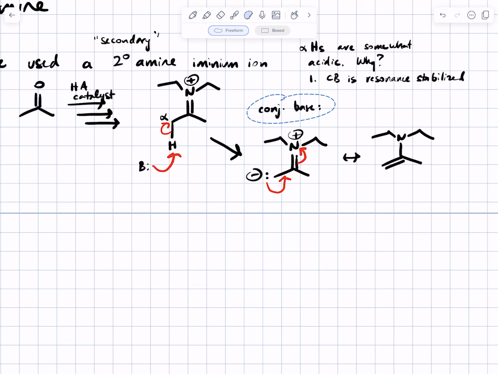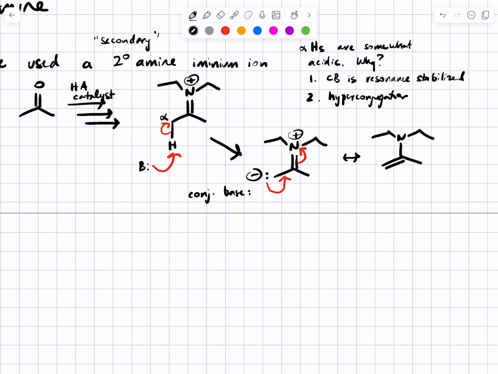The second reason that alpha protons are acidic is that thing we talked about, hyperconjugation, between the filled sigma CH bonding orbital on the alpha carbon and the pi star, in this case the carbon-nitrogen pi star.